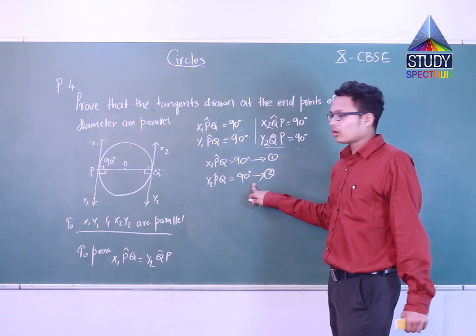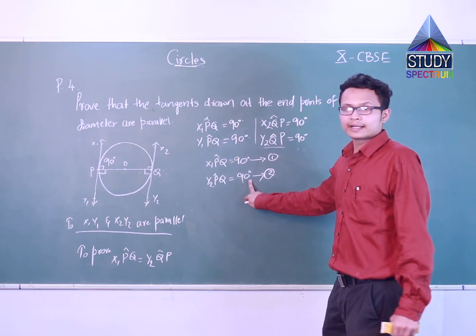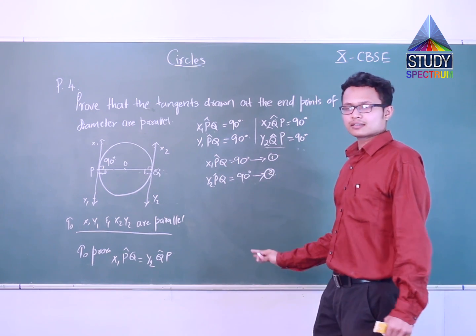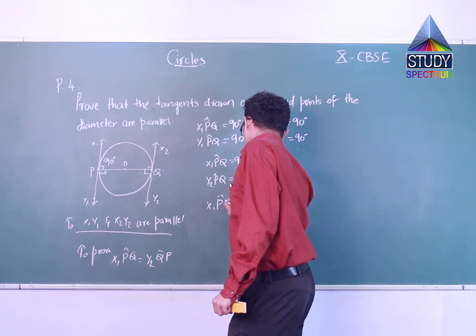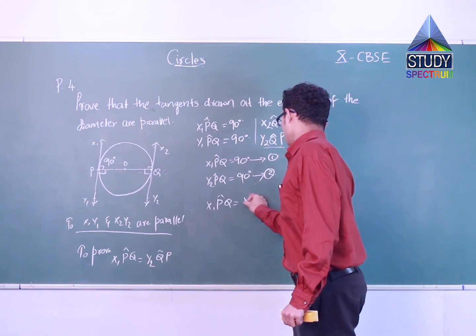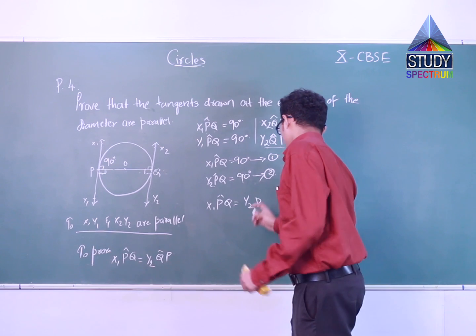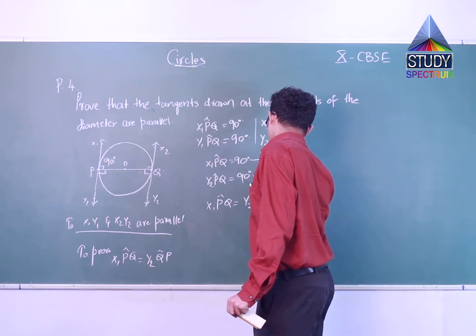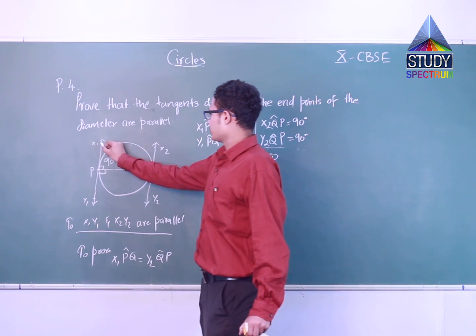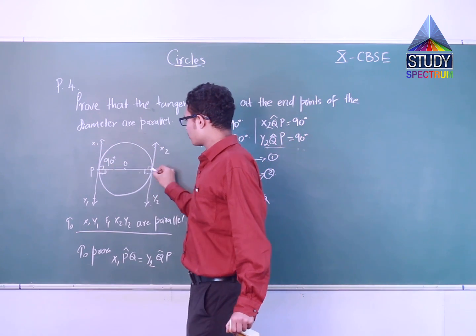Since the RHS of both equations 1 and 2 is 90 degrees, I can equate the left hand sides. x1PQ is equal to y2QP.